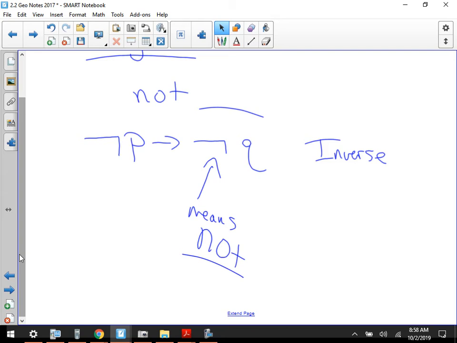Also, there's no reason why you can't reuse any one of your counter examples. With this counter example, these are not perpendicular, but they intersected, didn't they? I could use this exact same example for the second one.